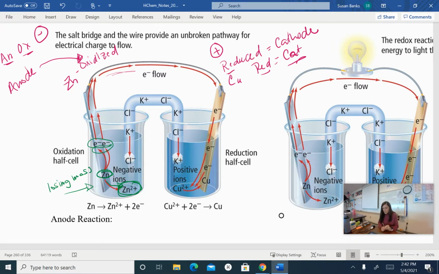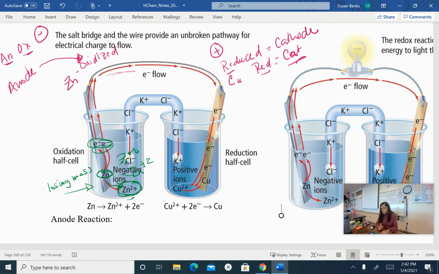Okay? So as more and more of these electrons are being taken off the zinc bar, more and more of these zinc ions are going to be coming into solution. So I'm going to create a lot of zinc plus 2 ions in solution. Okay, so eventually that solution is going to become pretty positively charged.